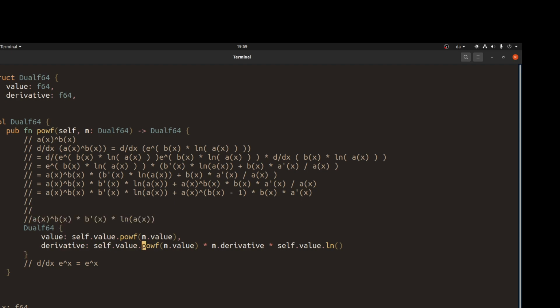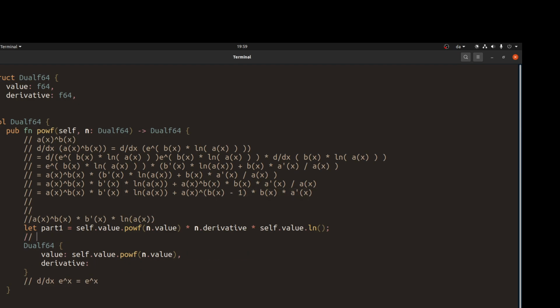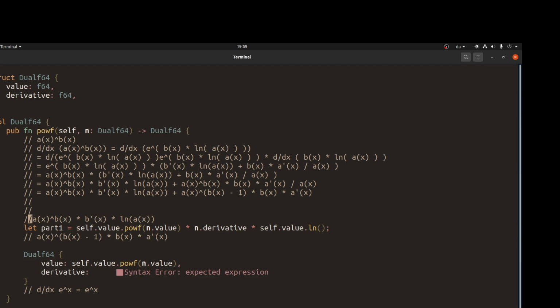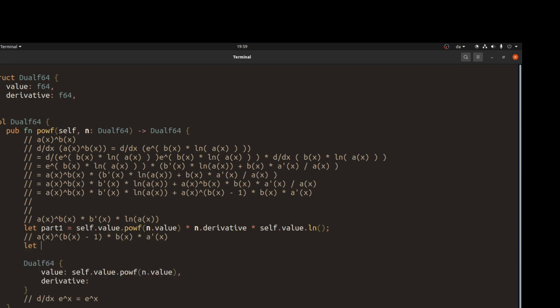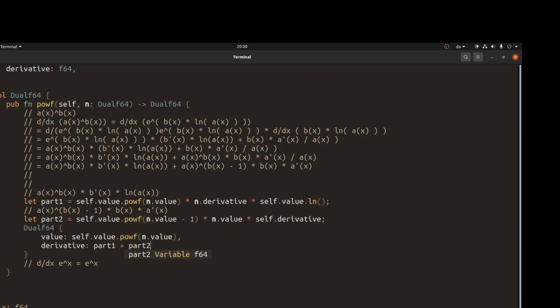So maybe we put it here and say part 1 is that. Then I want to do part 2. That's going to be the value, the power of f, the value of that. And this is just going to be part 1 plus part 2.